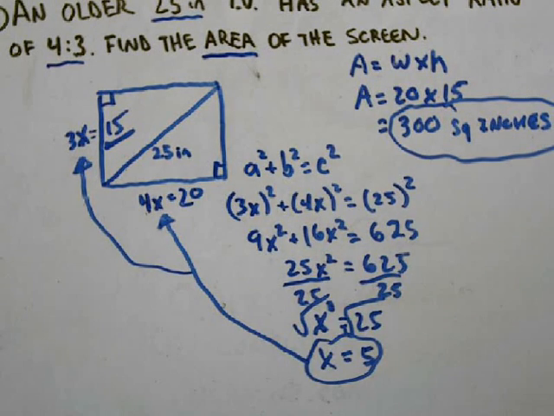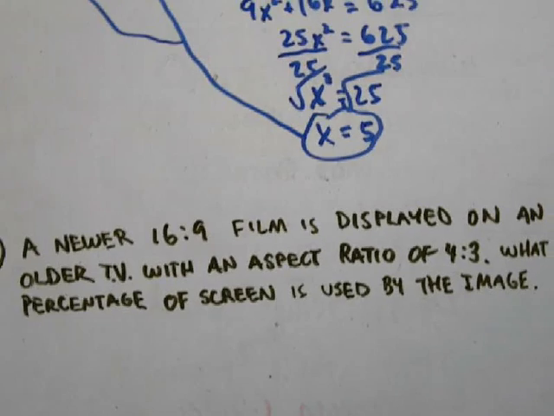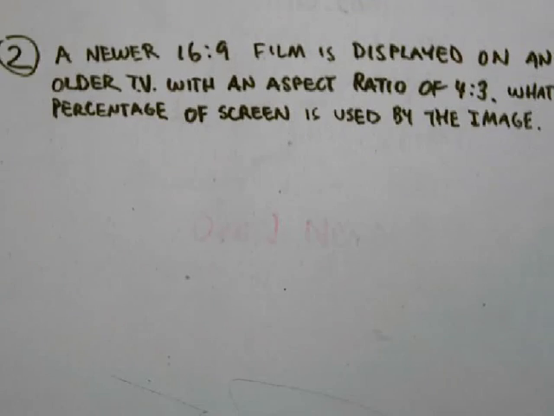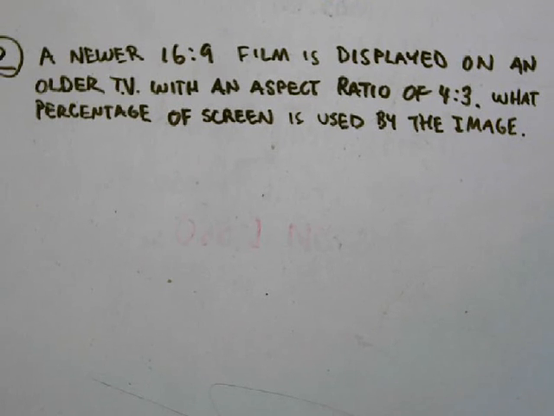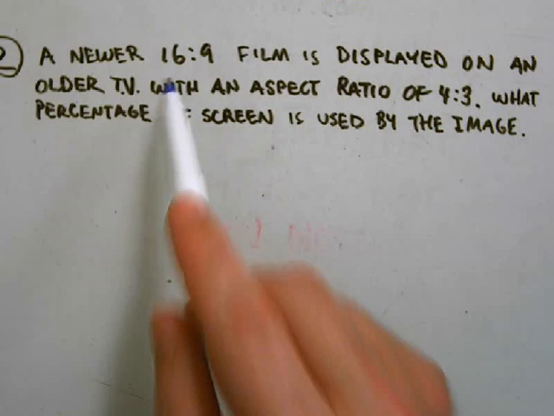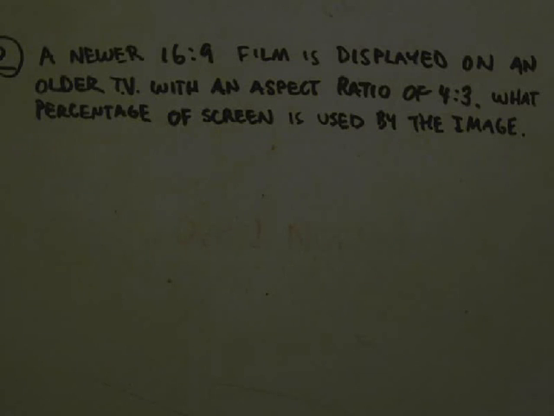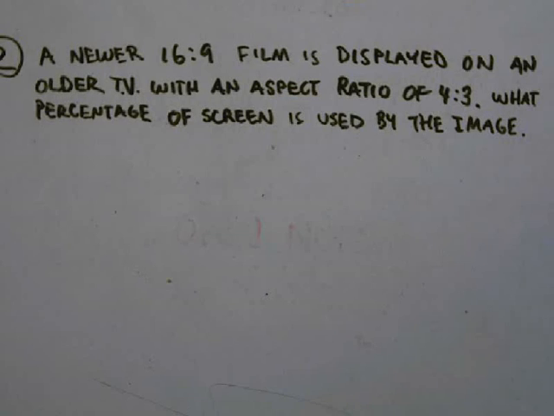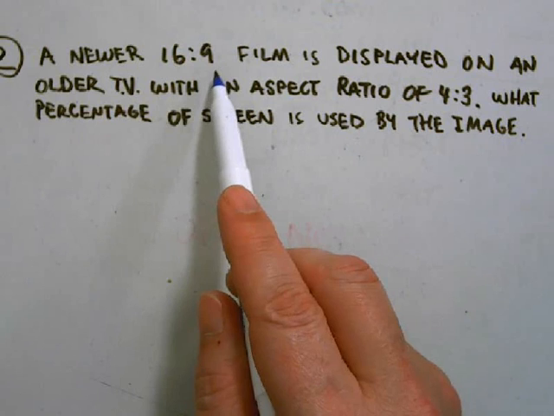Okay, here's another one I often get a lot of questions on, so I would like to just go ahead and work this out for you. Okay, so you've got a newer film of 16 by 9, and it's being displayed on an older TV with aspect ratio 4 by 3.